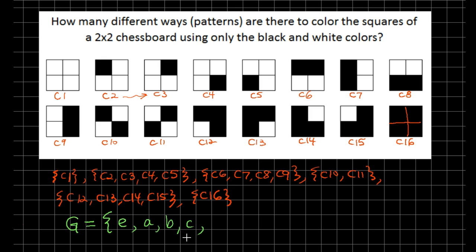A would represent pi over 2 rotation, B would represent rotation pi, let's say clockwise, C would be rotation 3 pi over 2. And E, rotation 2 pi, would be the identity again.